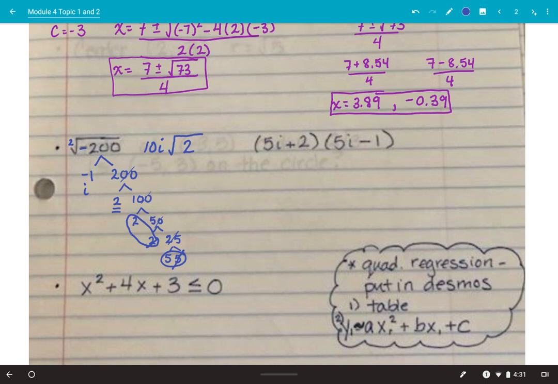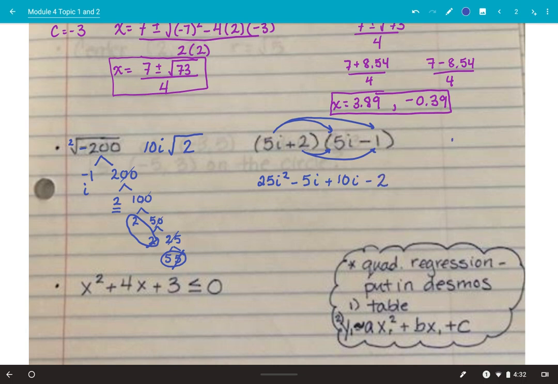Now, same thing with the next one. Here you have a binomial. You're going to distribute, whether you want to FOIL or do the box, either one. Okay, so 5 times 5 is 25i squared. 5 times negative 1. 2 times 5i. And 2 times negative 1.